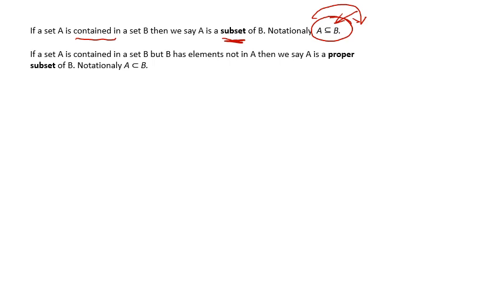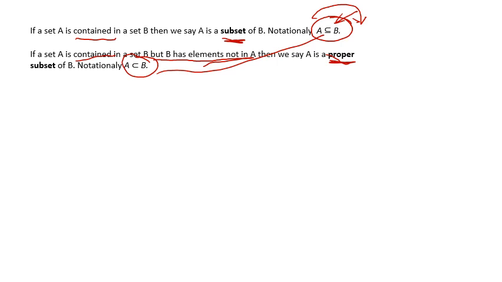Now, if a set A is contained in a set B, but B also has elements that are not in A, then we call A a proper subset of B, and this is the notation that we work with. So the difference between the two notations is, notice the one above has what is really an equal sign, but the one below does not.